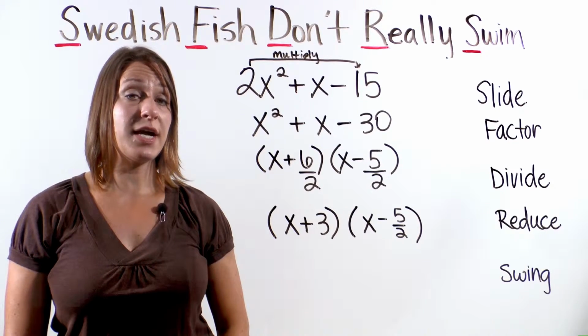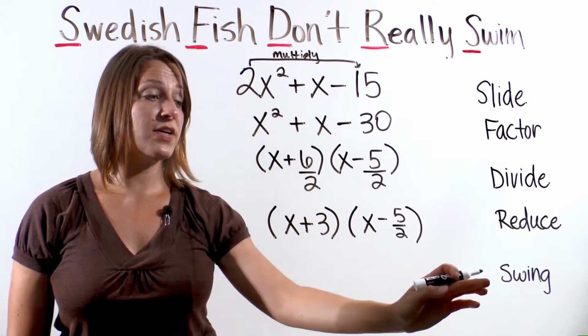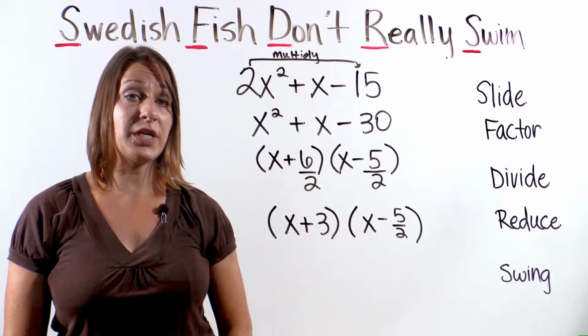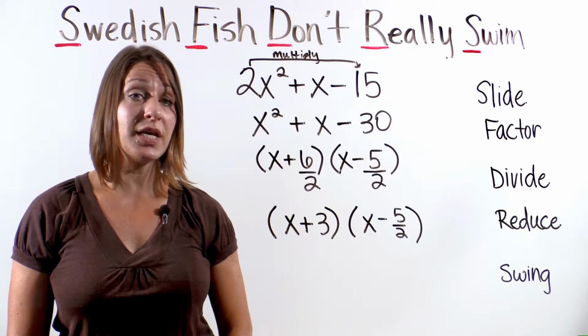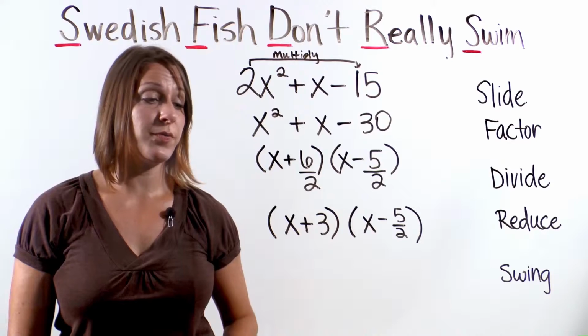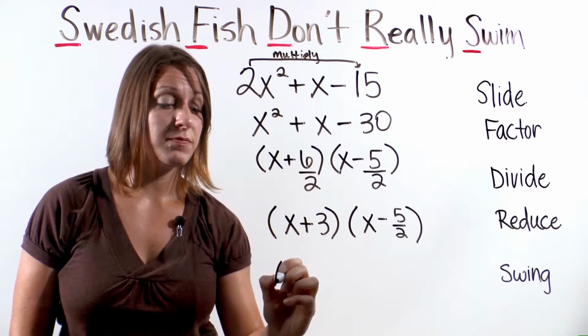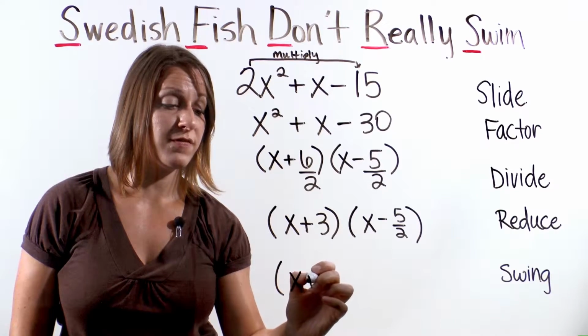Now we're not quite done yet because we cannot leave a fraction as part of our answer. Our very last step is swing. This represents to swing the denominator to be in front of the variable. x plus 3 does not have a denominator, so this is ready to be part of our final answer.